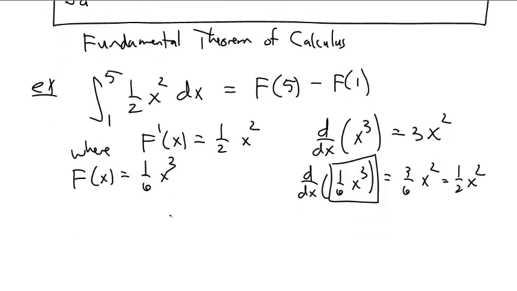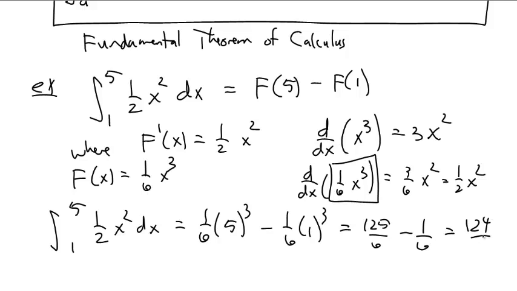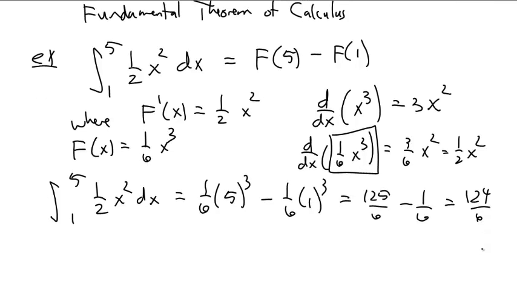And so we say that the integral from 1 to 5 of 1/2 x squared dx is 1/6 of 5 cubed minus 1/6 of 1 cubed, which is 125 sixths minus 1/6, which is 124 sixths, which is not evenly divisible, but we can take a 2 out if we really feel like it, and we do, and we will get 62/3, or 20 2/3.